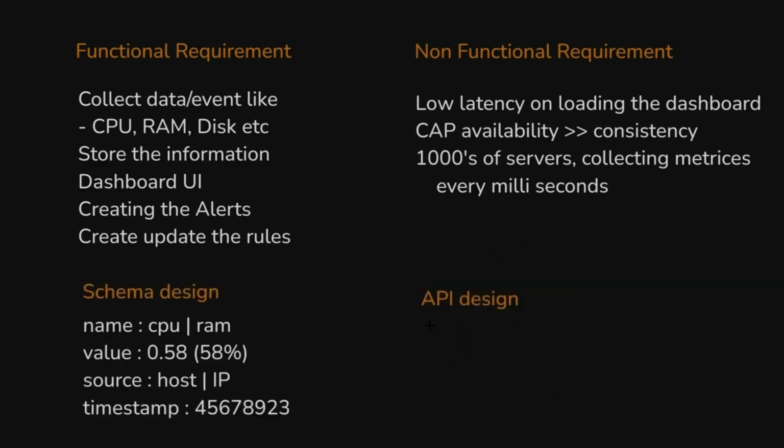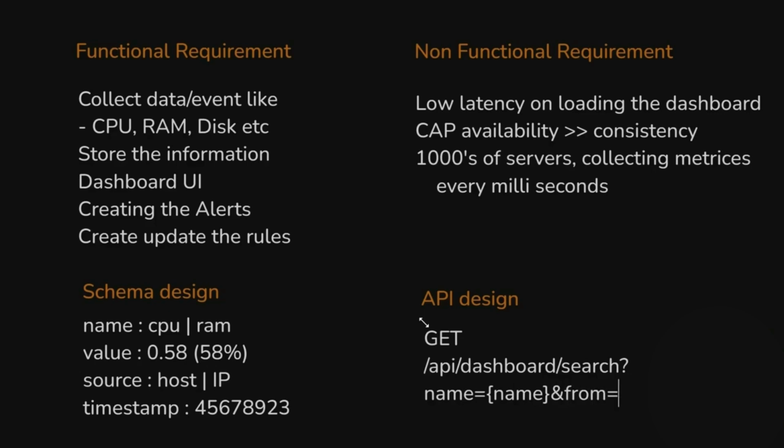And the next step is the API design. To start with, we can begin with a simple GET REST API, which is the API for the dashboard, where we will have the search query, like the name of the metric which we are interested in, and the time from and to, and the source.